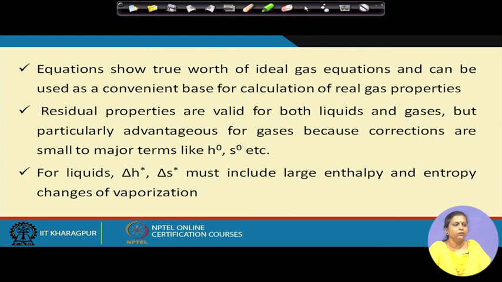Why? Because if you try to find the residual properties of condensed phases with respect to an ideal gas at the same temperature and pressure, the value of the properties will become very large. So our idea was to find the property changes from the ideal gas equation and then incorporate small corrections to account for the deviation of the behavior of the substance from ideal gas behavior.